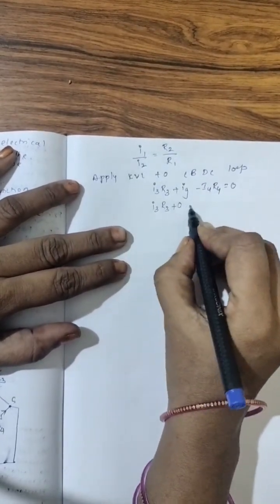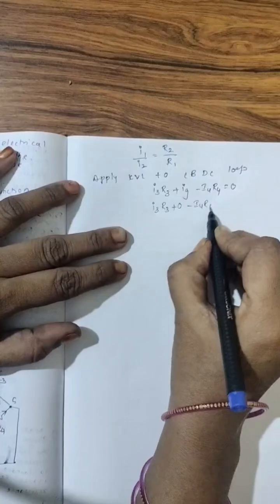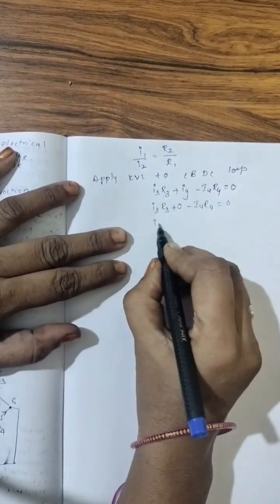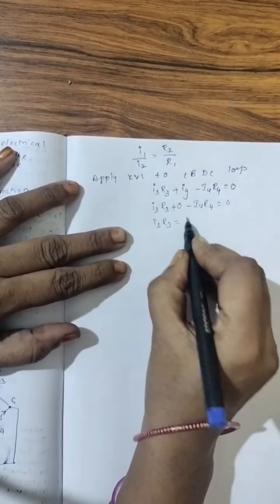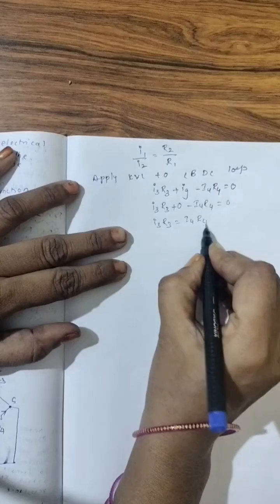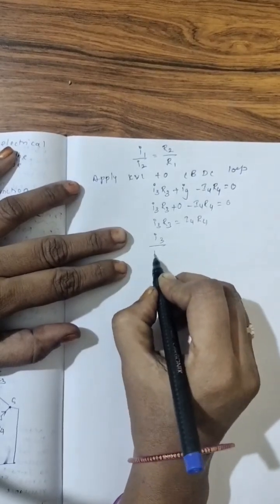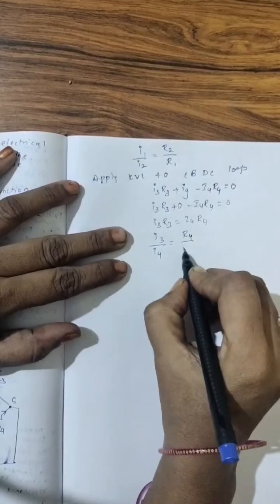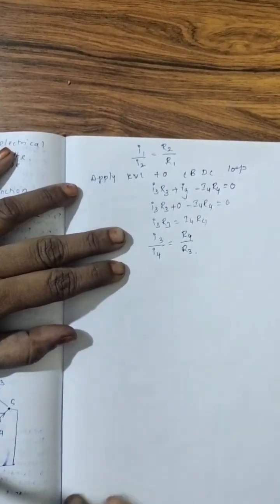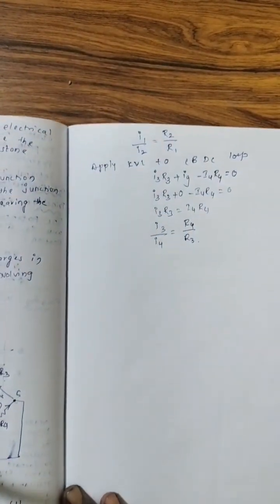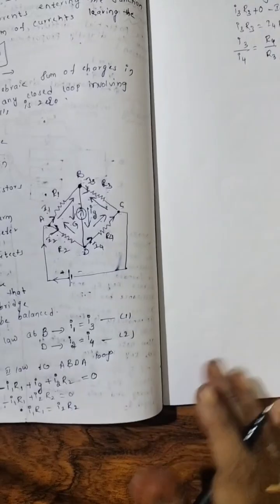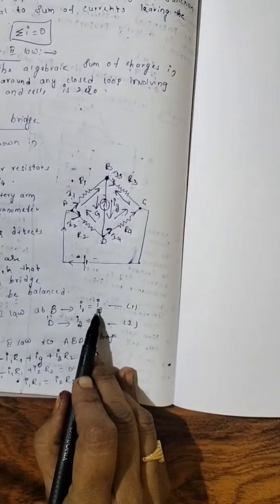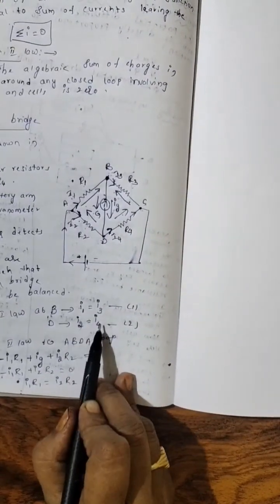So 0 minus I4 R4 equal to 0, or I3 R3 equal to I4 R4, or I3 by I4 is equal to R4 by R3.